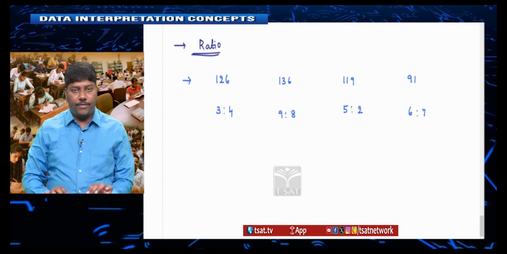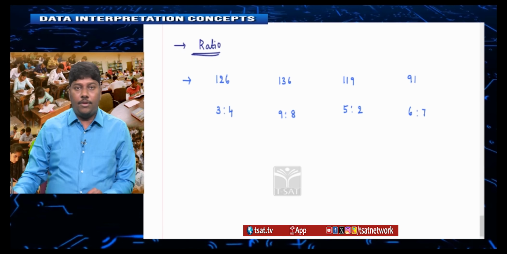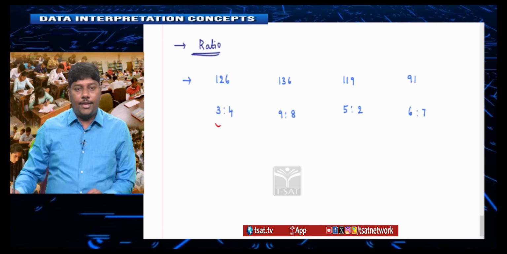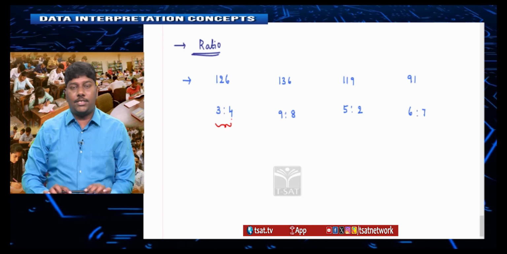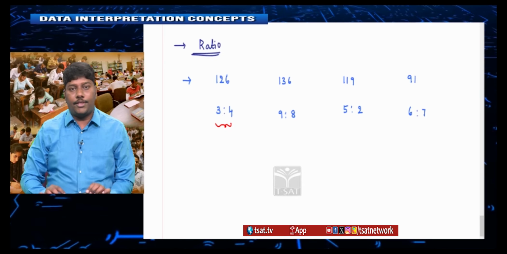Now, how do you divide the given numbers in the given ratio? So, without wasting time, in mind always assume 3 plus 4. There are 7 parts in this ratio. This 7 parts is equal to 126.